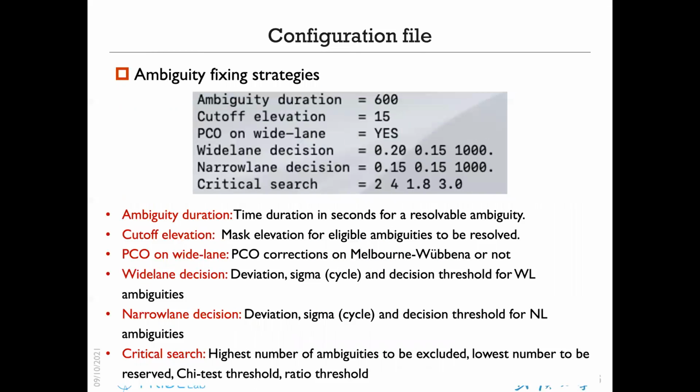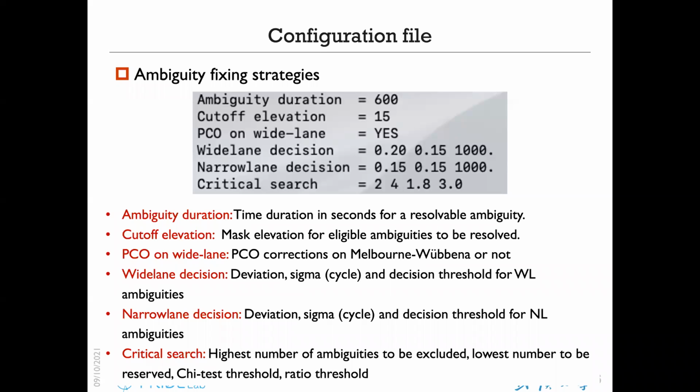Here it is a little bit confusing because we have a few numbers that are not so easily understandable. The first one is ambiguity duration. This is the duration in seconds for resolvable ambiguity.